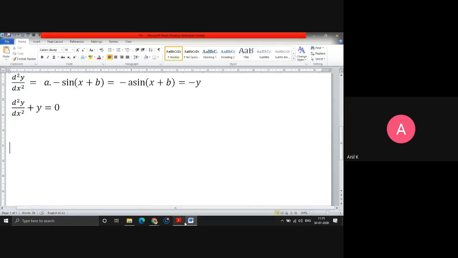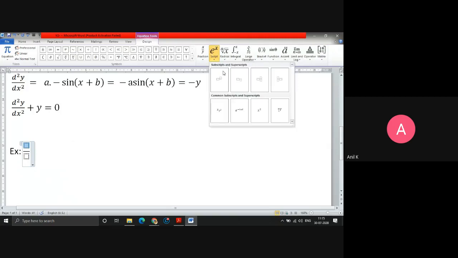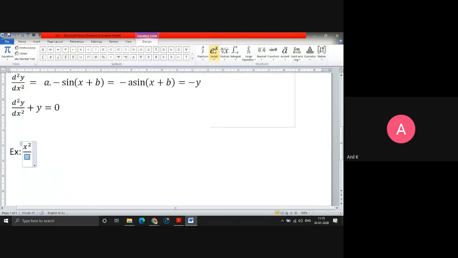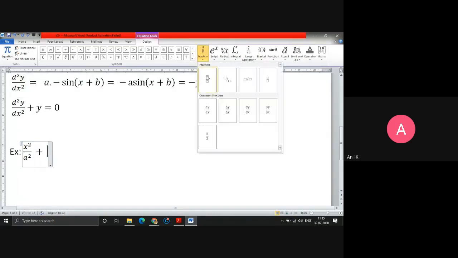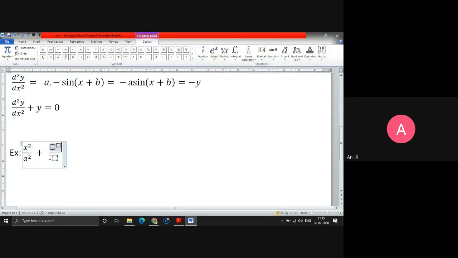So as Sugandh said, this is Example 6. The family of ellipses represented by the given condition is x square by a square plus y square by b square equals to 1.